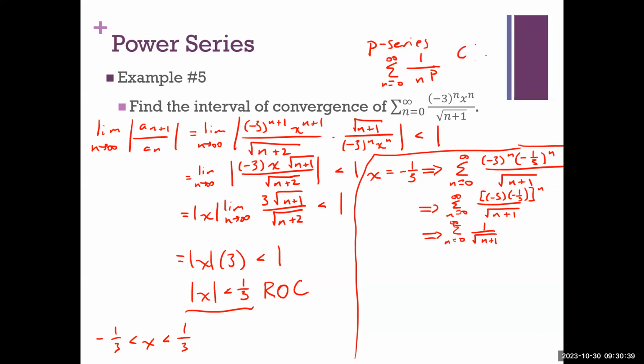It converges when p is greater than 1. It diverges when p is less than or equal to 1. What's our p value down here? 1/2. So that means this diverges. So we have to leave off negative 1/3 from our interval, but what about positive 1/3?